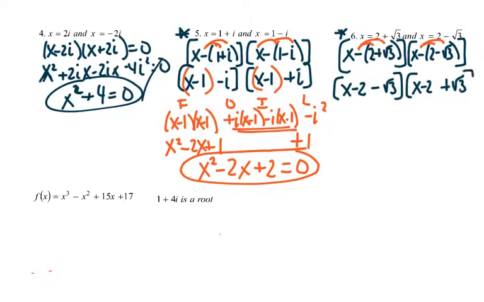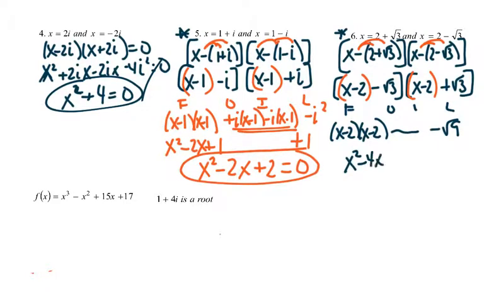There's a lot of temptation to skip steps here, but honestly, people mess it up when they do. When I do first, outer, inner, last, I know my first is x minus 2 times x minus 2. I can just let the outers and inners go because I know that they're going to cancel out anyway, right? And so my final answer, x squared minus 4x plus 1 equals 0.